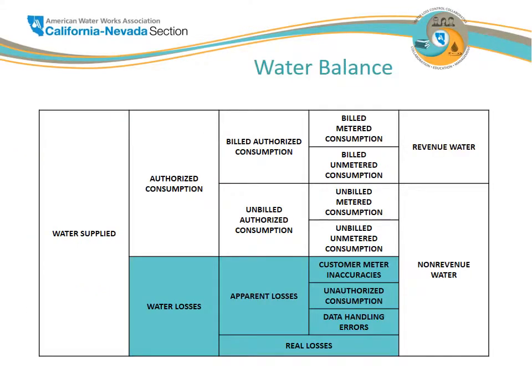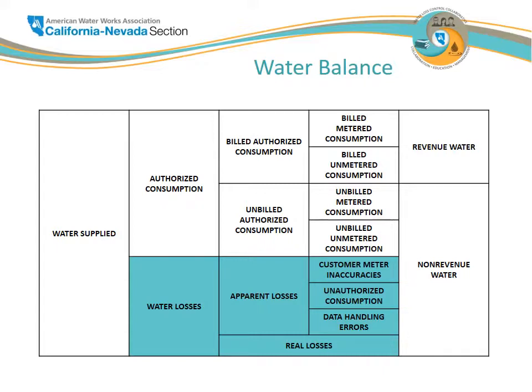Once we've determined water supplied and authorized consumption, we know our total water loss volume. It's really important that, as I mentioned for our discussion of water supplied, we're evaluating where our meters are that give us that data. We're asking hard questions about the maintenance protocols of those meters and whether they are giving us good data.